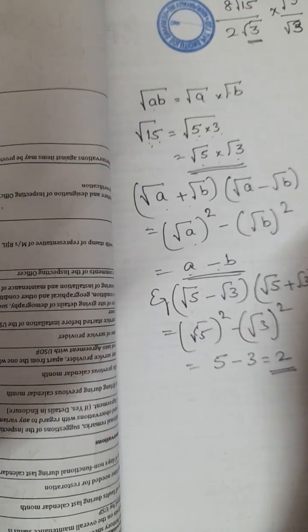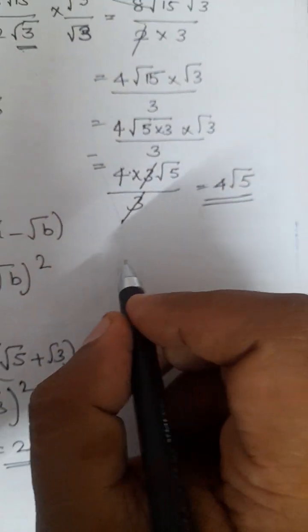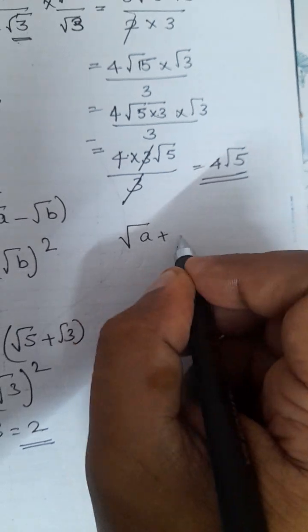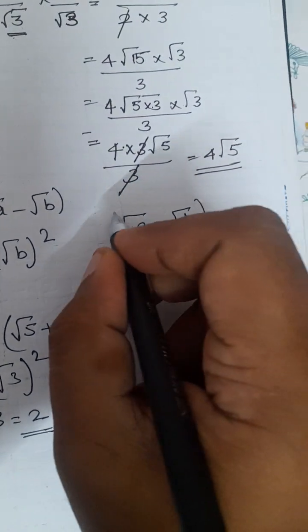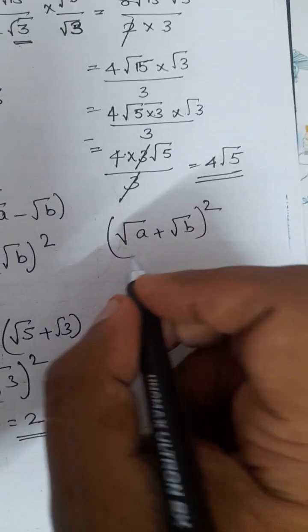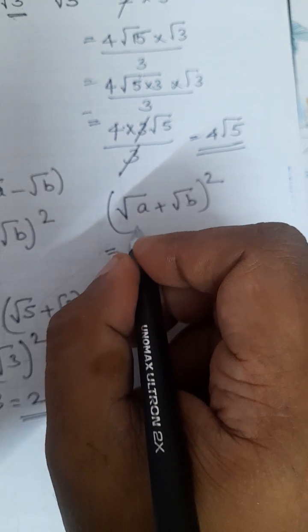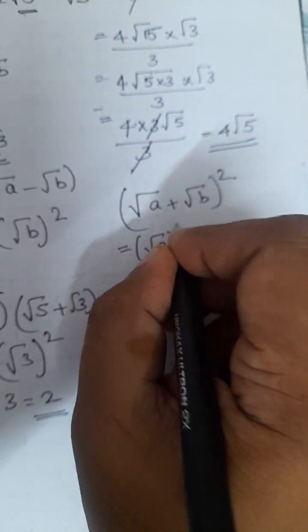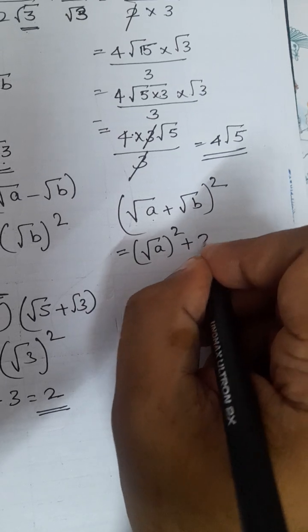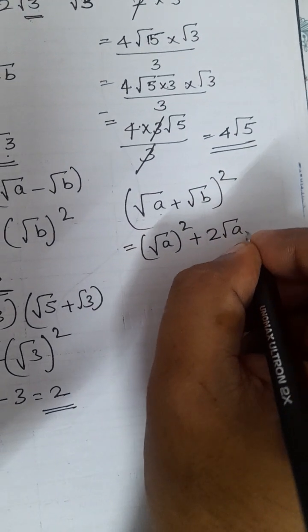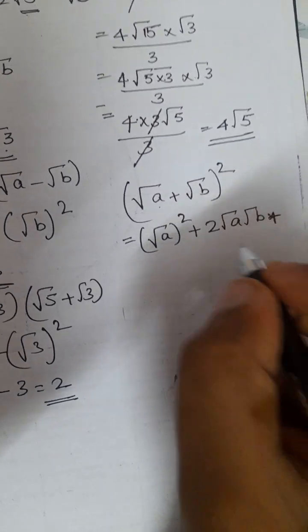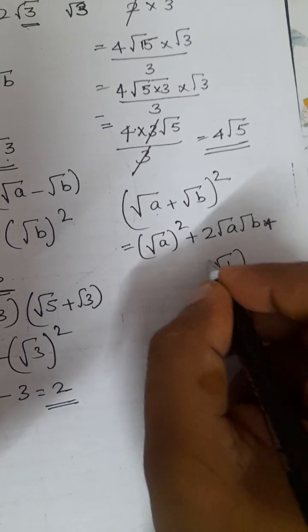And the next important formula to remember is root a plus root b whole square. So this is again nothing but a plus b whole square, that is a square plus 2ab plus b square.